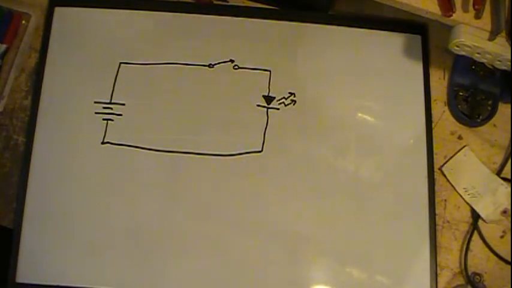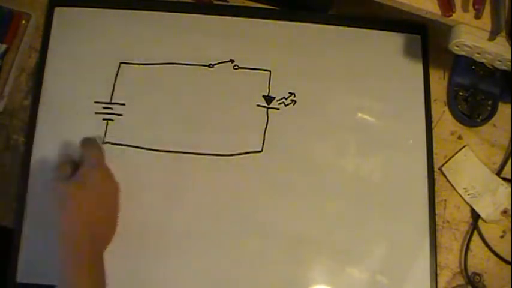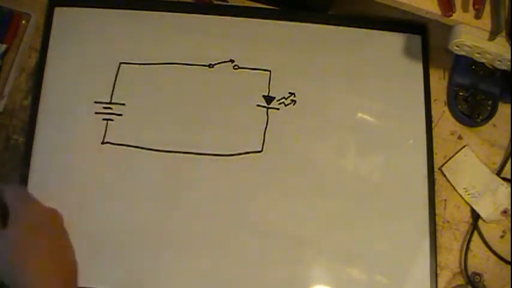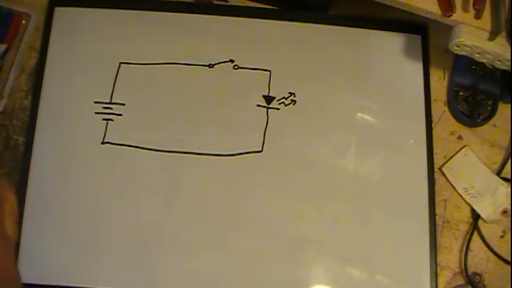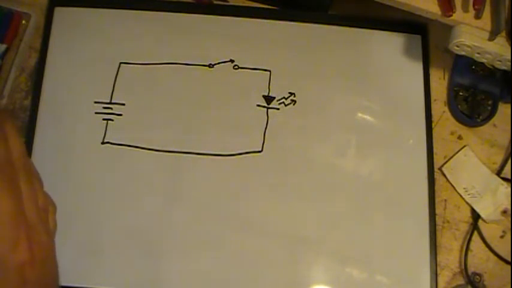Now, what does that have to do with regular electricity? Well, it's the same thing. Inside the battery, we have two different materials, and between them we have an electrolyte.